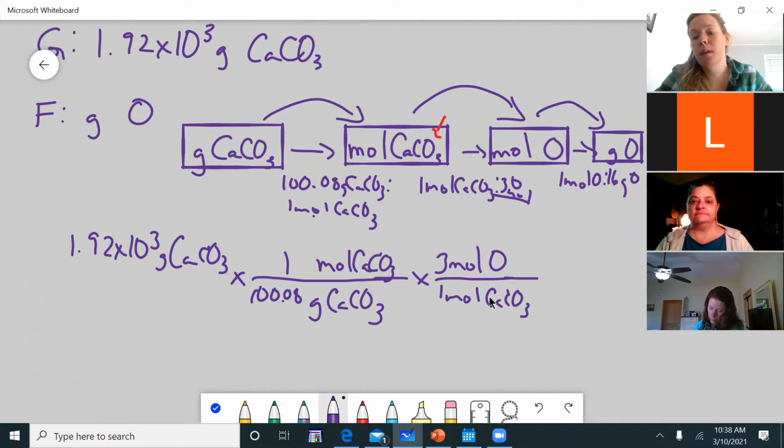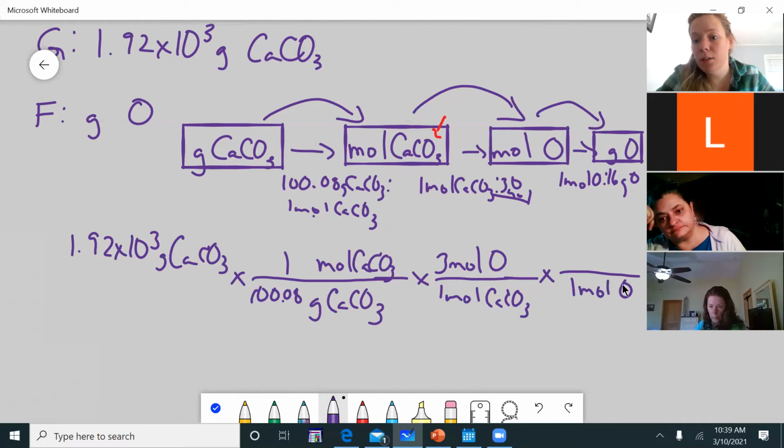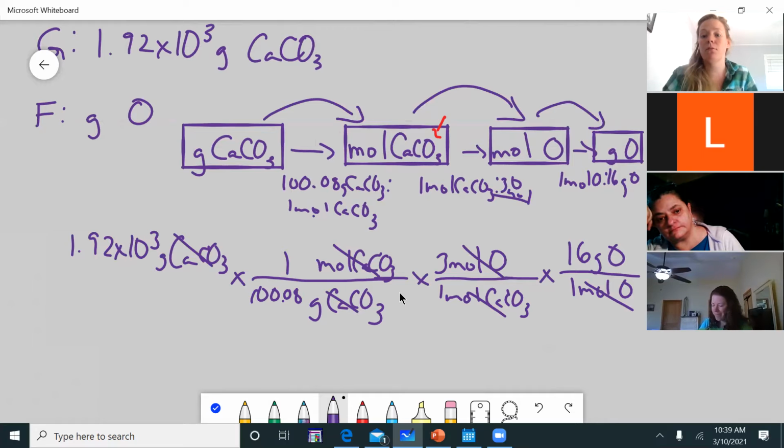The third hop is going from moles of oxygen into grams of oxygen. I want to get rid of mole, so I'm going to put 1 mole of oxygen at the bottom, and that always weighs 16 grams. Compound gram cancels. Mole of compound cancels, mole of element cancels, and we're left just with the gram of the element.